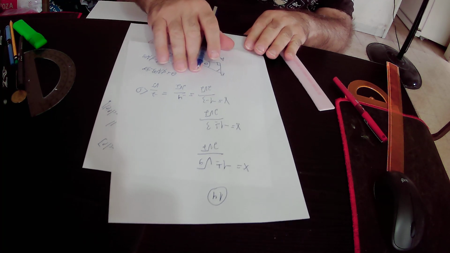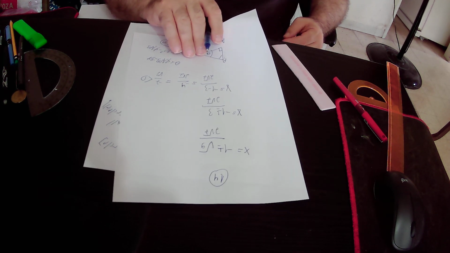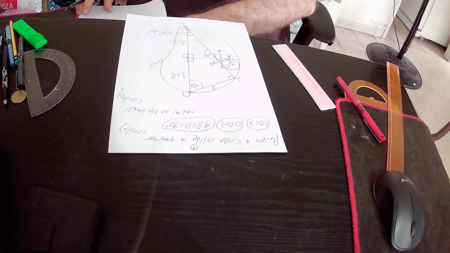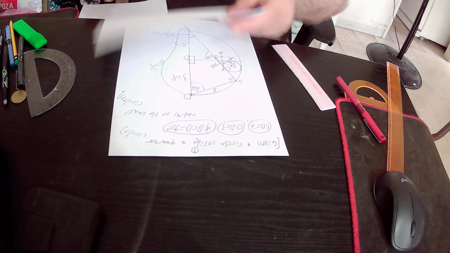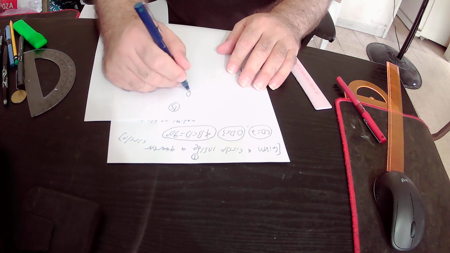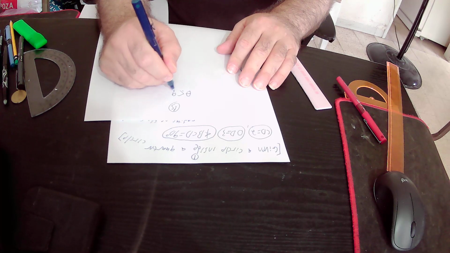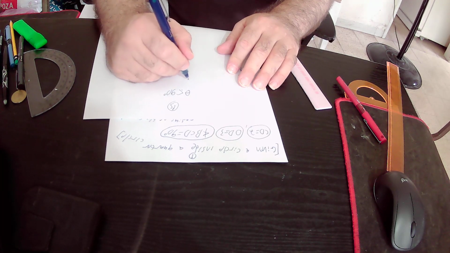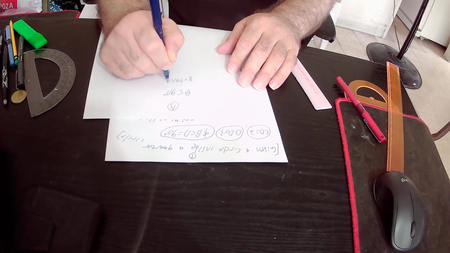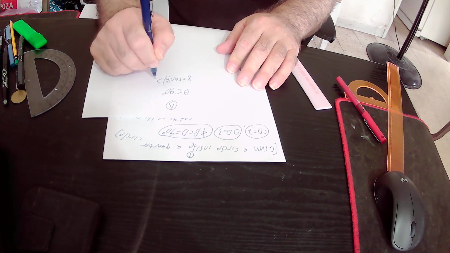And if theta is smaller than 90 degrees, then tangent theta, x that equals tangent theta, must be a positive number. It must be greater than 0.